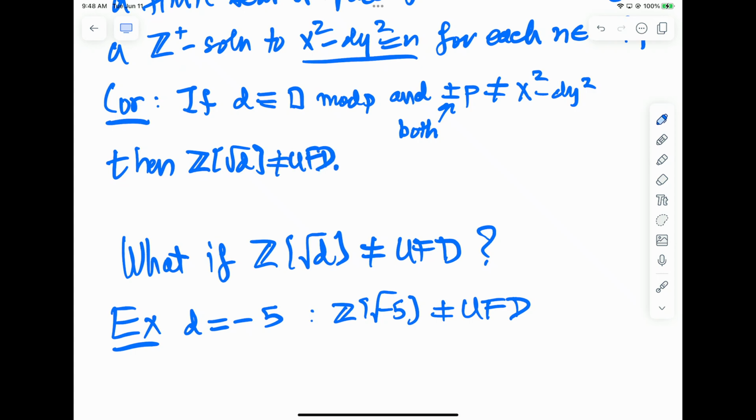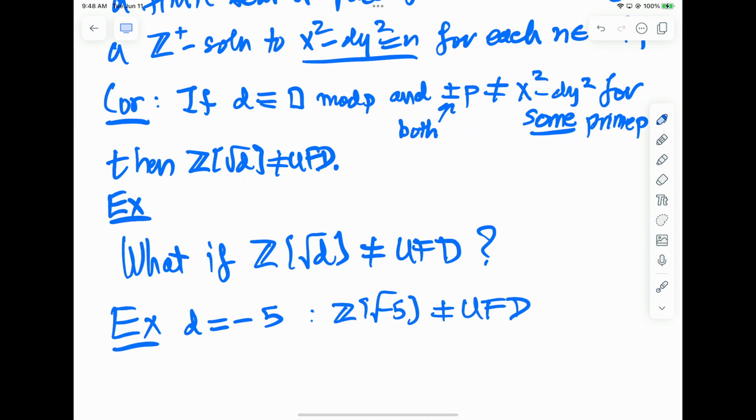If it had unique factorization, we'd get an equivalence between d being a square mod p for all primes. So if d is a square mod p for some prime p, and neither p nor -p looks like that, then Z[√d] does not have unique factorization.